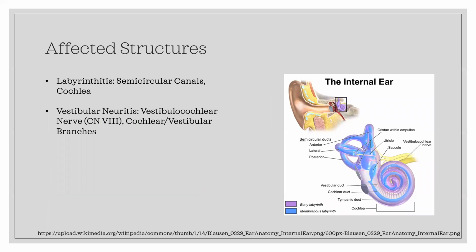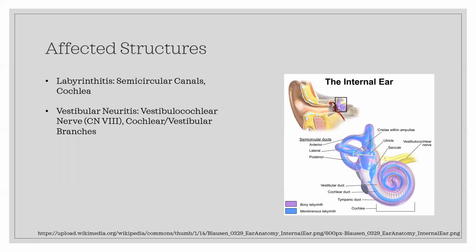So what are the affected structures? In labyrinthitis, we see inflammation of the labyrinth, which is basically the structures of the internal ear, including the semicircular ducts and the cochlea. The semicircular ducts are very critical for vestibular function, so balancing, and the cochlea is important for auditory functions.